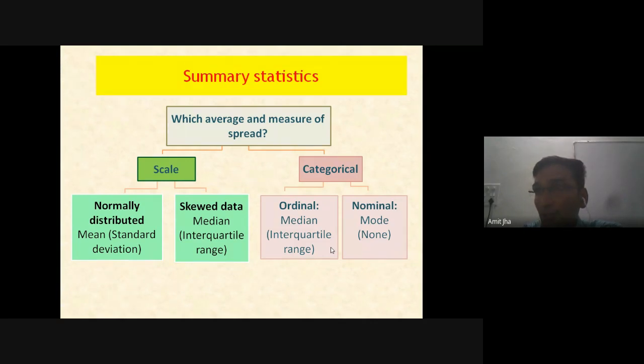Say the variation between the marks may be from 10 to 100, or maybe 50 to 60. All the data may range from 50 to 60 in a particular class, or maybe from 10 to 80. So the point is that having the same average marks doesn't mean they are equally good.